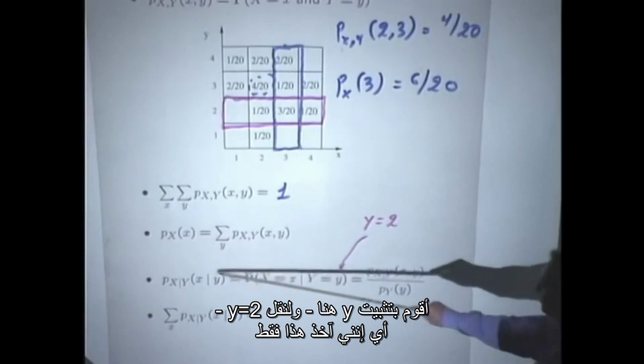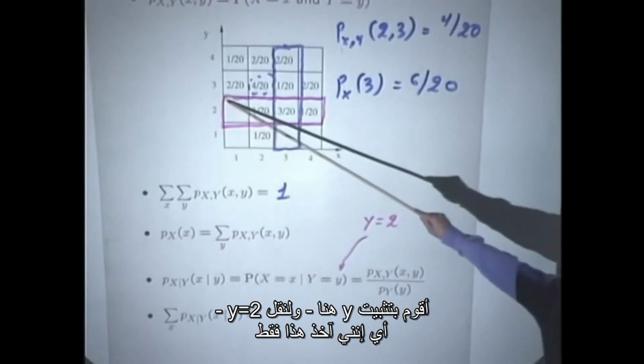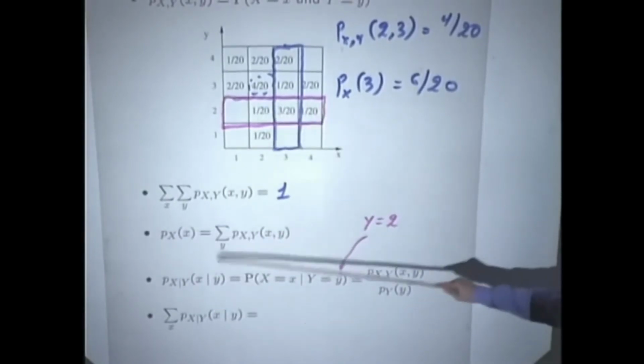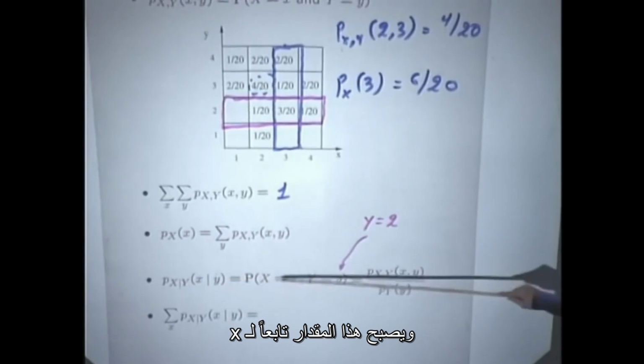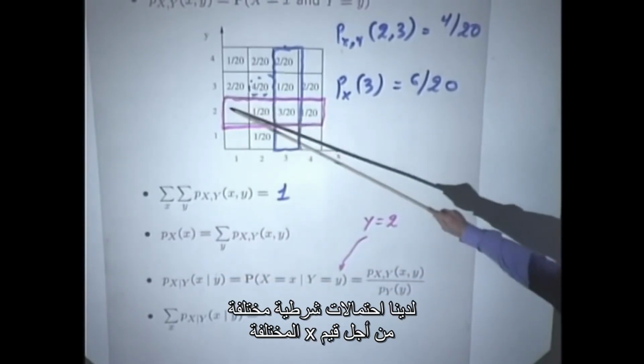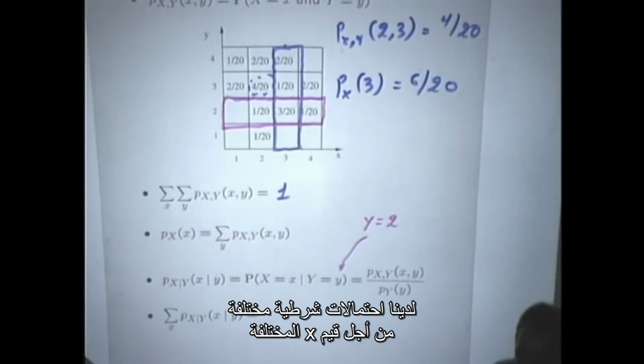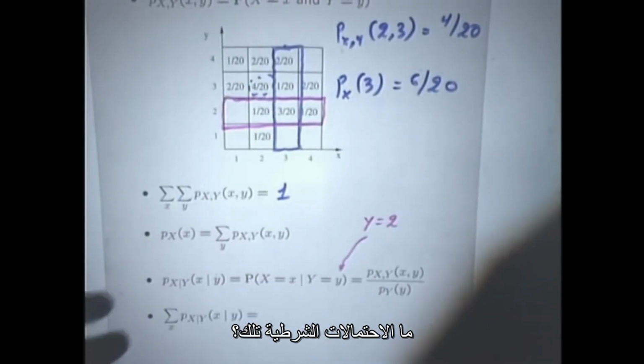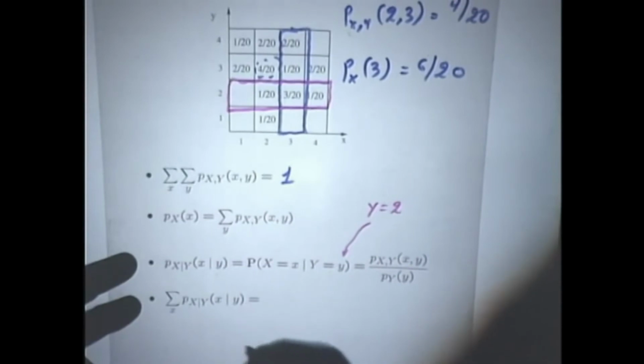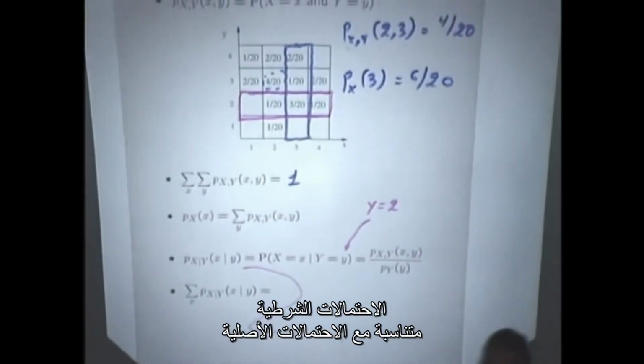So I'm fixing little y here, let's say to y equal to 2. So I'm considering only this. And now this quantity becomes a function of little x. For the different little x's, we're going to have different conditional probabilities. What are those conditional probabilities? Conditional probabilities are proportional to original probabilities.